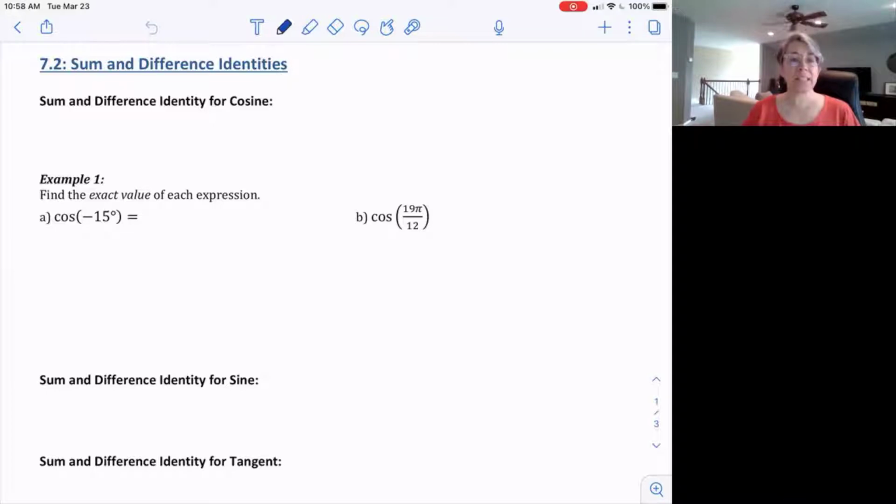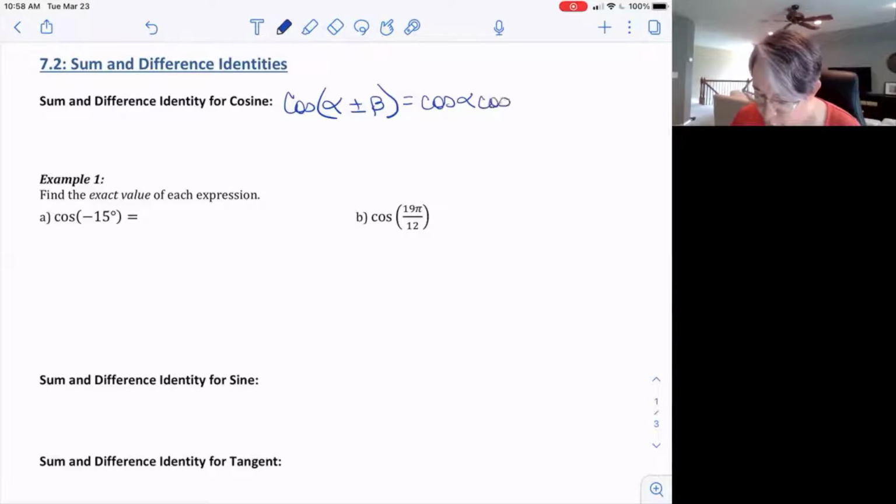The first one is the sum and difference identity for cosine. So that means if we are taking the cosine of, say, angle alpha plus or minus angle beta, so it works for sum or difference, that is going to equal the cosine of the first angle alpha times the cosine of the second angle beta, and whatever your first operation is, plus or minus, this is going to be the opposite, minus or plus.